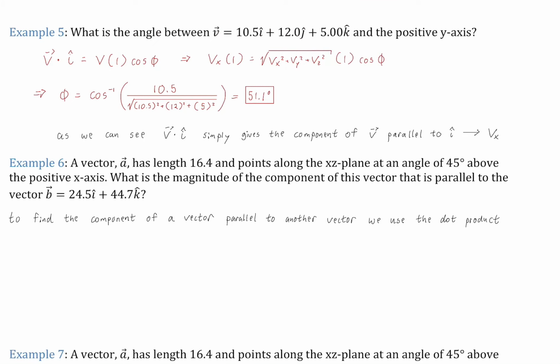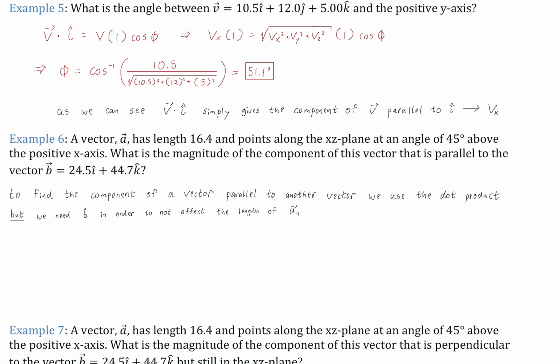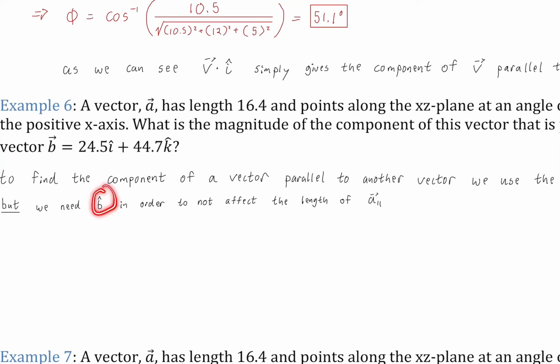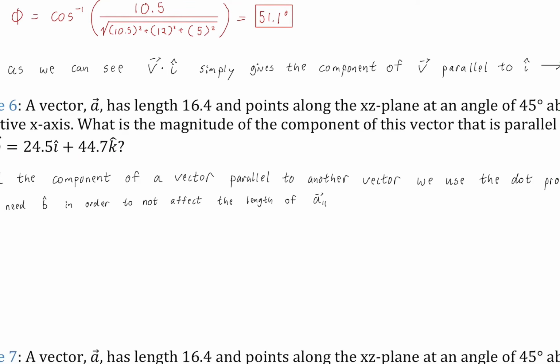But we need b hat, not the actual b vector, in order to not affect the length of A parallel, because we want to find just the length of A parallel to B. We don't actually want to multiply A by B. We don't care how long B is, honestly, but we do care where B points.